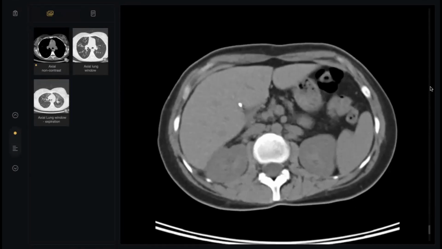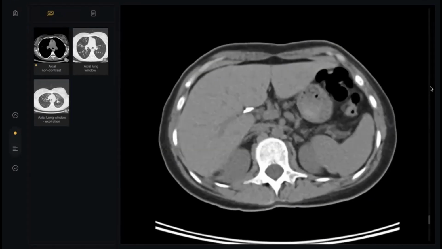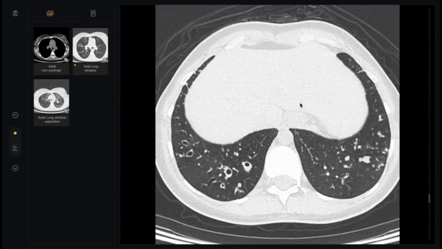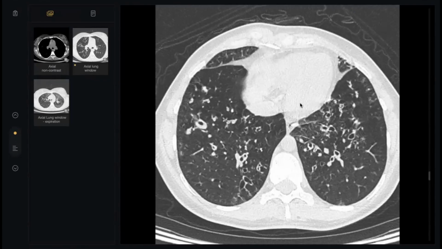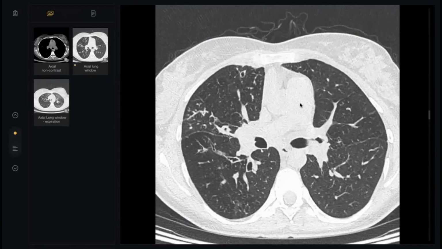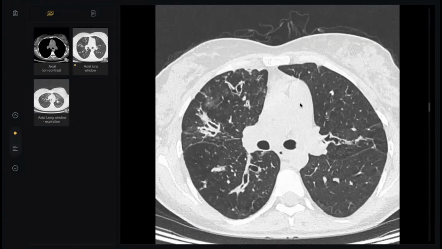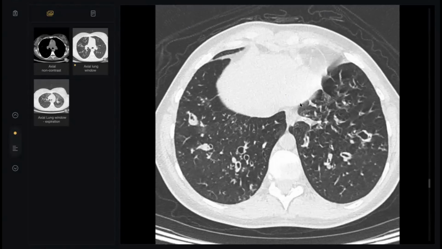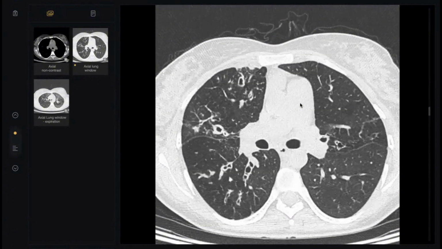Sir, can I see the lung window, please? Okay, this is the axial CT lung window showing bronchiectasis in the bilateral lung fields. Can I see the apical segments here? There is bronchiectasis more on the right, but it is bilateral and extends down to the bases.